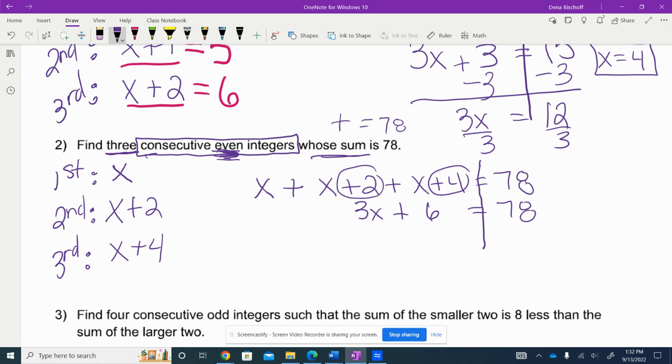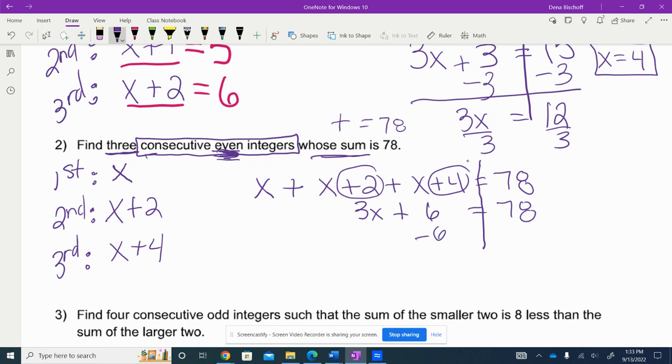Trying to get the variable all by itself. What do you want to do? You're doing great. What am I going to do? Get the variable all by itself. Yeah, good job, Hayden. I'm going to subtract 6 from both sides.